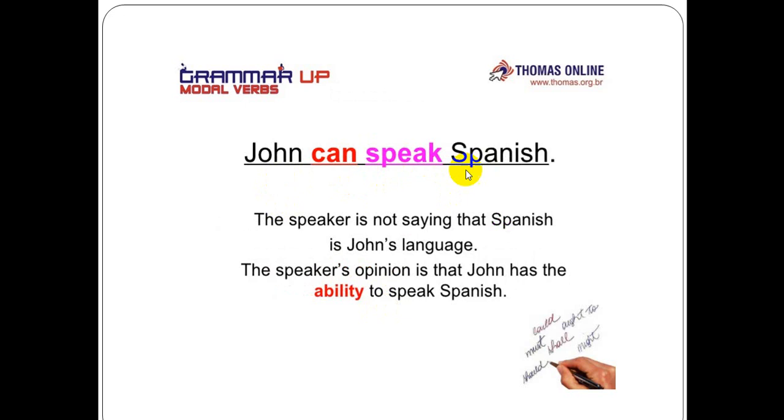John can speak Spanish. In this example the speaker is not saying that Spanish is John's language.